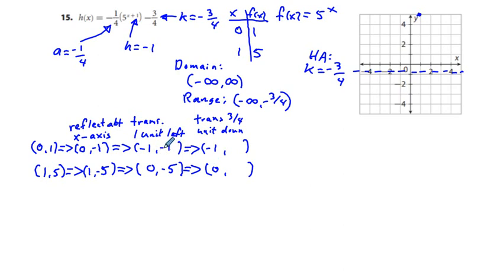So we have -1 minus 3/4 is going to be -1 and 3/4, or I'll put -1.75. Okay, that's going to be that one. And -5 shifted down 3/4 is going to be -5.75.